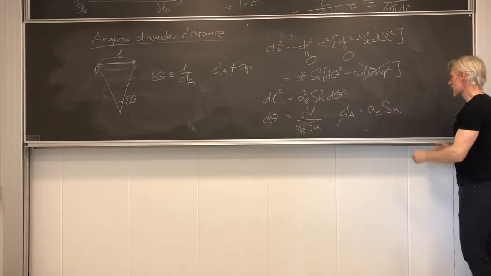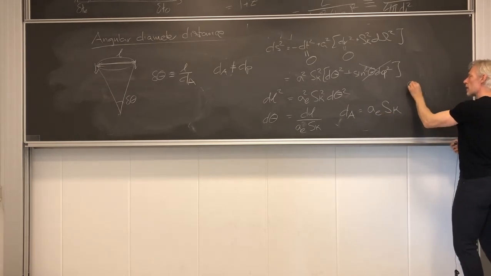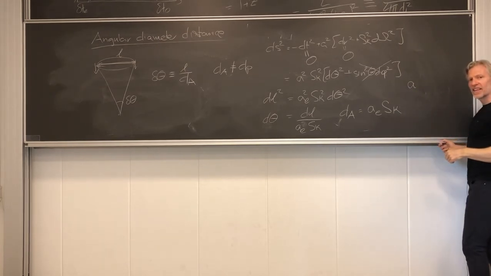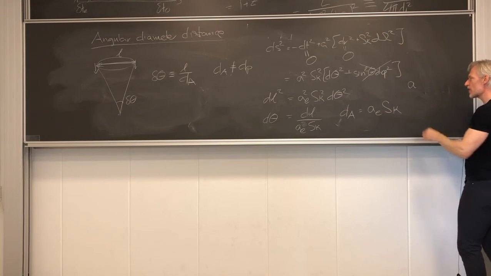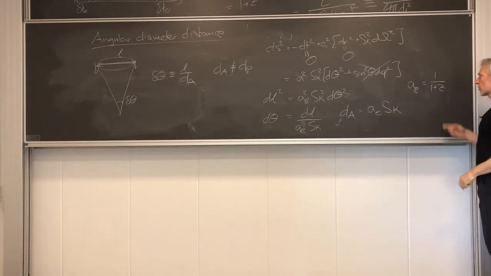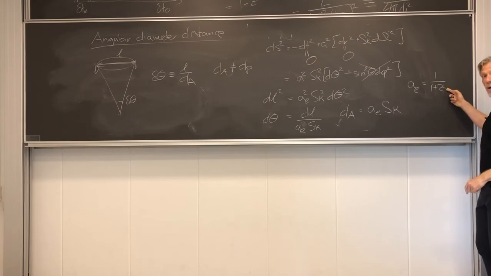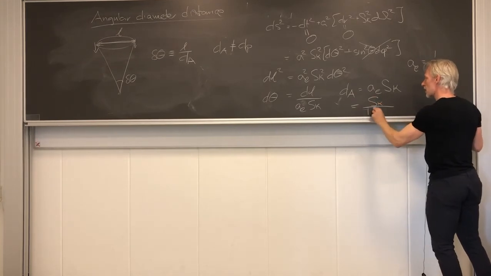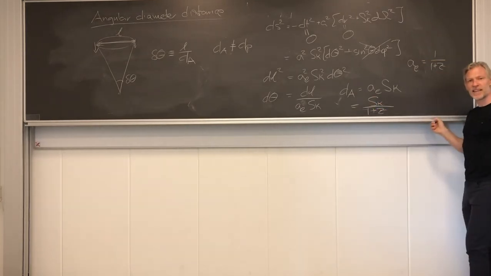Now the scale factor at emission time, if I assume, like before, that the scale factor at the present is equal to 1, then I can write this as 1 divided by 1 plus z. So it's smaller, of course, than the scale factor currently is. So then I get s_kappa divided by 1 plus z.